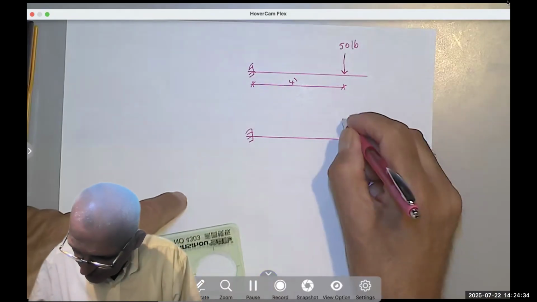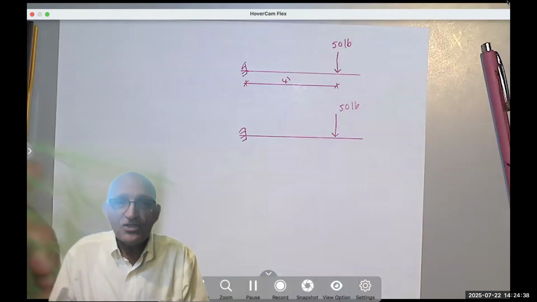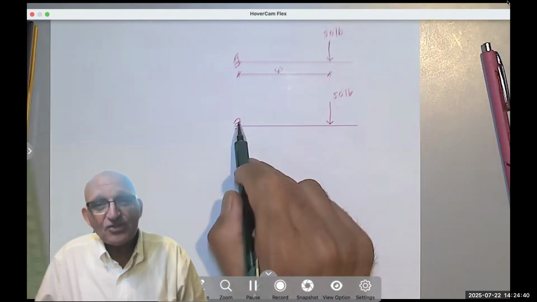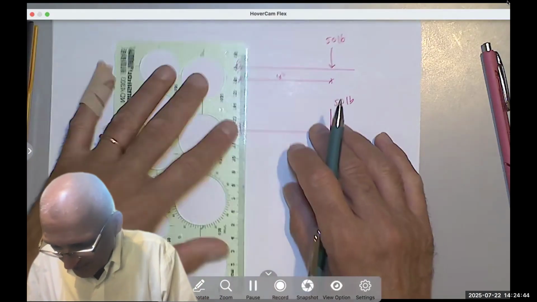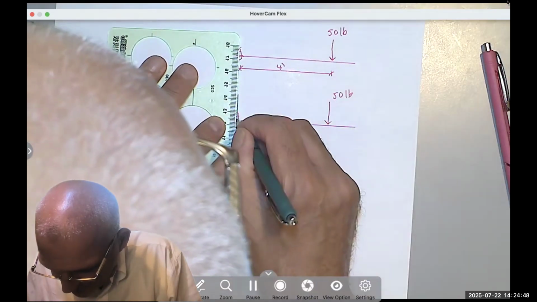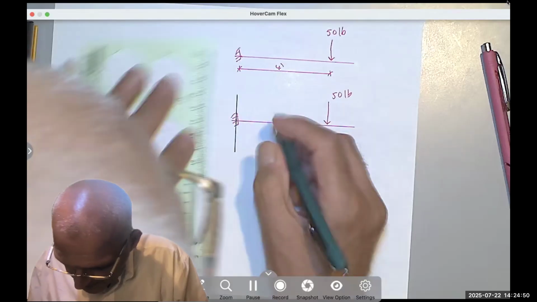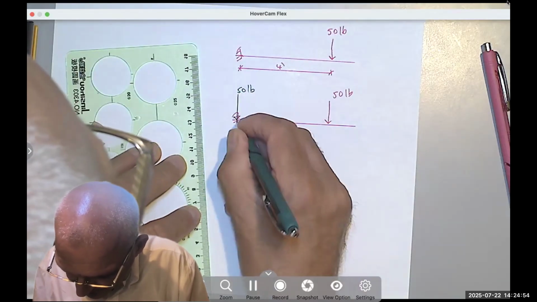You see that force of 50 pound? It's there, right? So you say, okay, I will go to the support because I need to know what the support is feeling. Okay, and then I'm going to say, okay, so let's add a 50. But if I add a 50, I have changed the system, so let's subtract a 50.